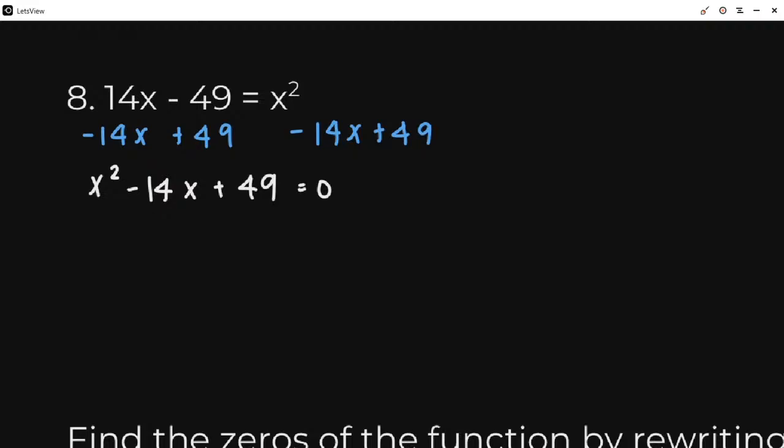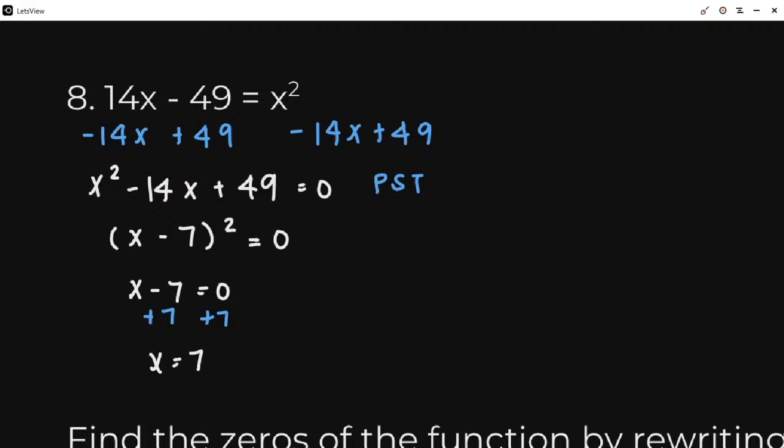And this is actually a perfect square trinomial. So this would become x minus 7 squared equals 0. So that just means x minus 7 times x minus 7, so I only have to solve it once. So I would set it up as x minus 7 equals 0, and then add 7 to both sides, and I get x equals 7.